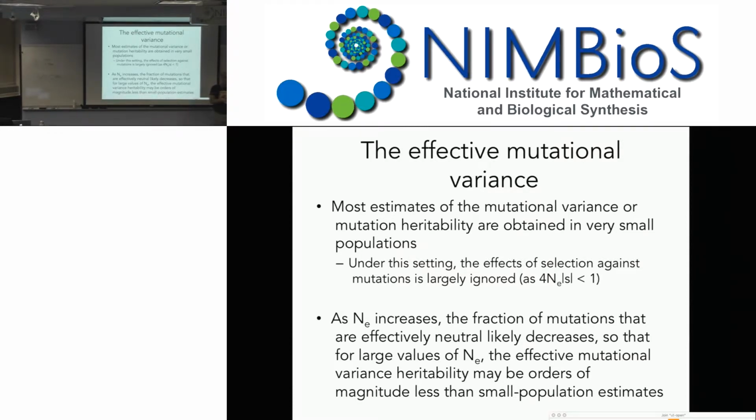In a small population, a mutation arises. It's got to be really, really deleterious for it not to be recorded as contributing to the trait, because in a super small population, drift overpowers. In a large population, deleterious mutations are probably removed fairly quickly and therefore don't contribute much to the mutational variance.